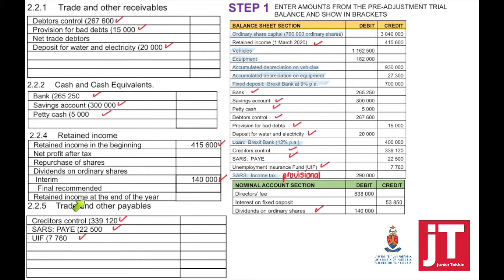This is why we have taken it to dividends on ordinary shares in my retained income note as interim dividend, and the amount is 140,000. Know your formats. This is the easy marks to get, knowing what goes where.